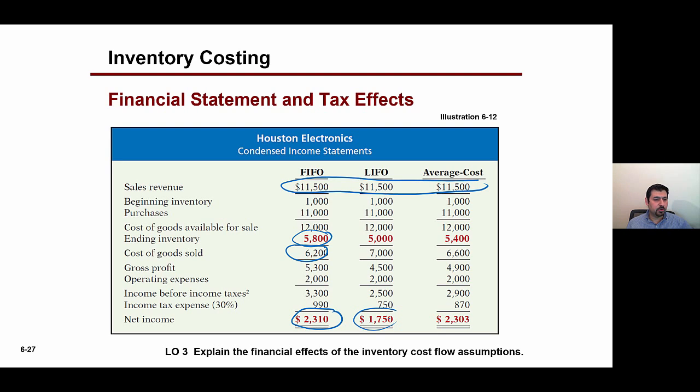So LIFO would be more conservative because they are not overstating their assets or net income at this point.